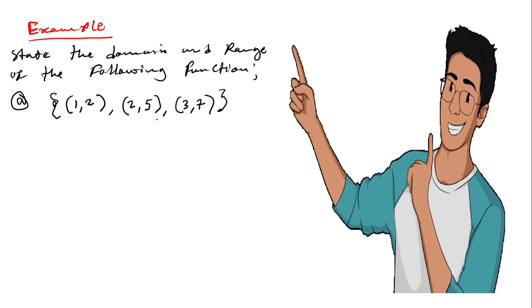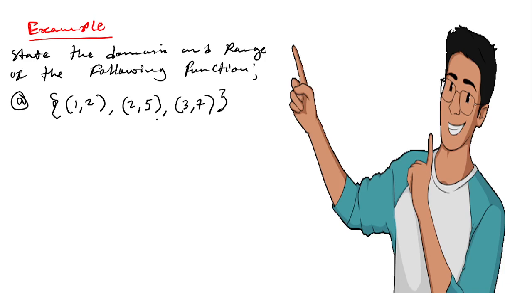So from that brief explanation I gave, do you have anyone who can try to give us the domain of this particular function? Anyone to give it a try? Yes, Mwemba. 1, 2, 3. Correct. 1, 2, what? 3.